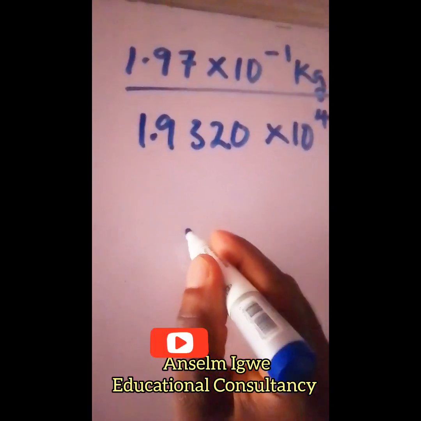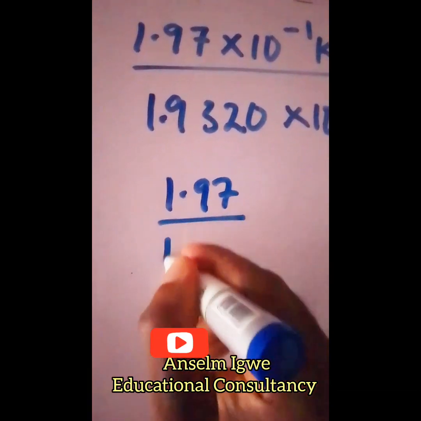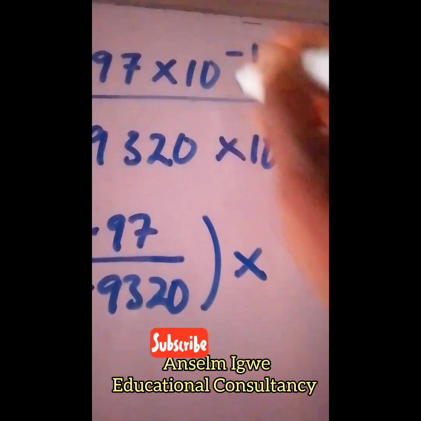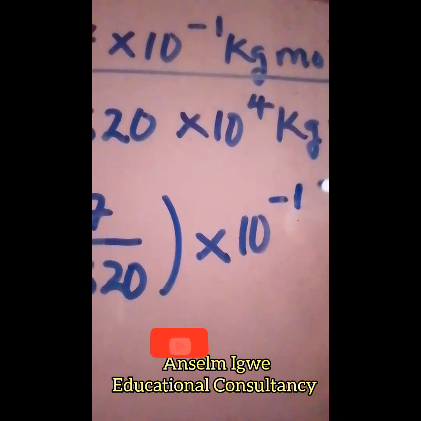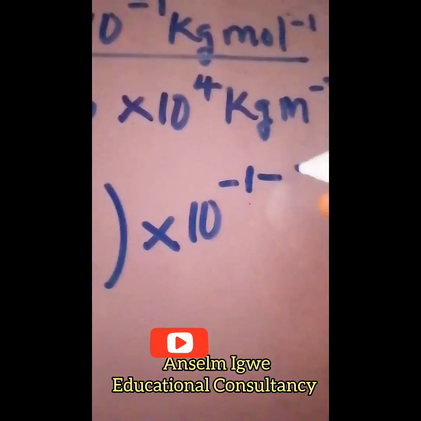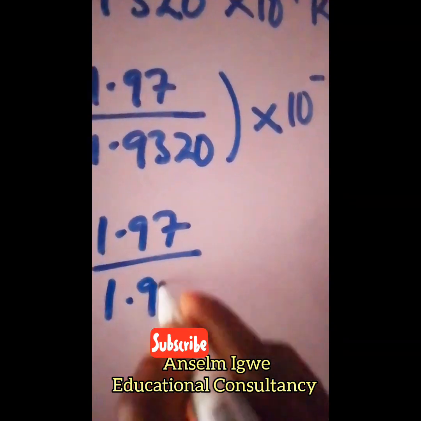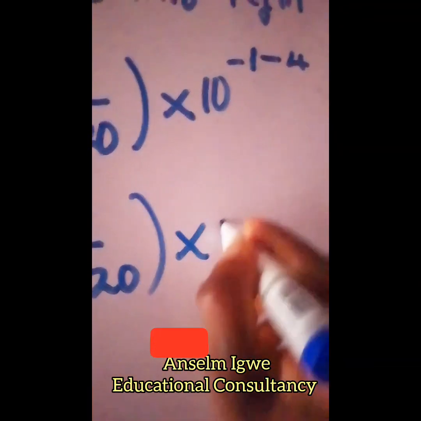So we continue. 1.97 divided by 1.9320 times 10 raised to power minus 1 minus, because of division, minus 4. And we have 1.97 divided by 1.9320 times 10 raised to power minus 5.